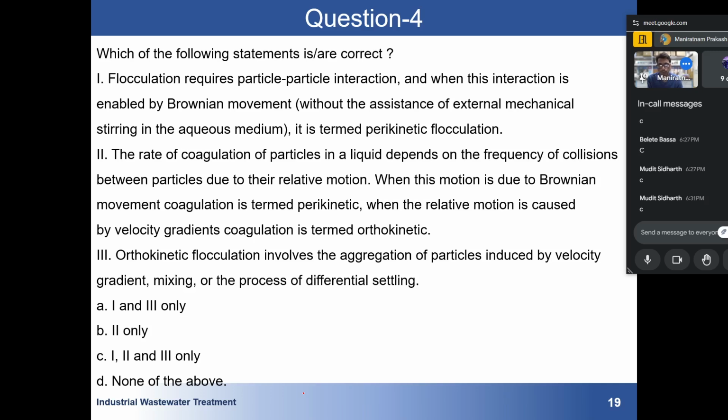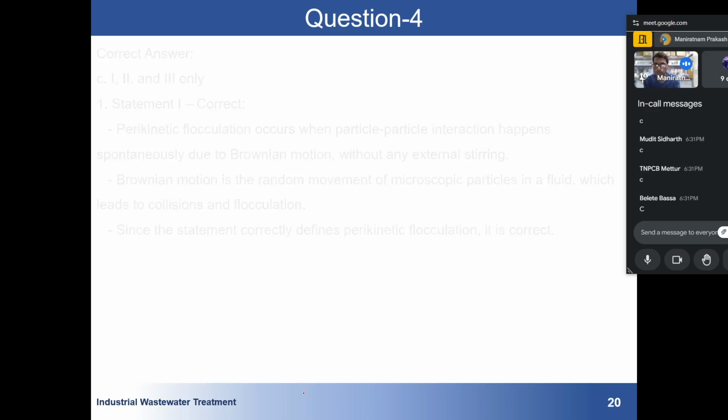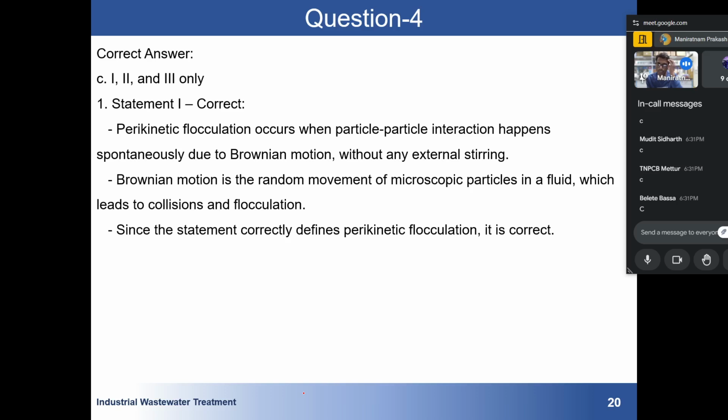So go through. We have got one answer, that is C. That is one, two, three. All three are correct. Any more? We have already got two answers, so we will look into the solution. Yes, the correct answer is C. All three are correct.